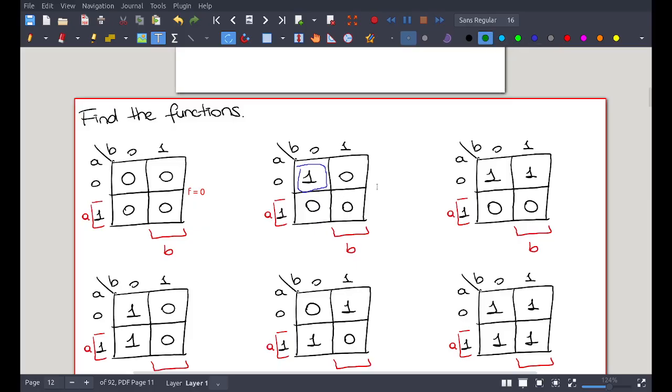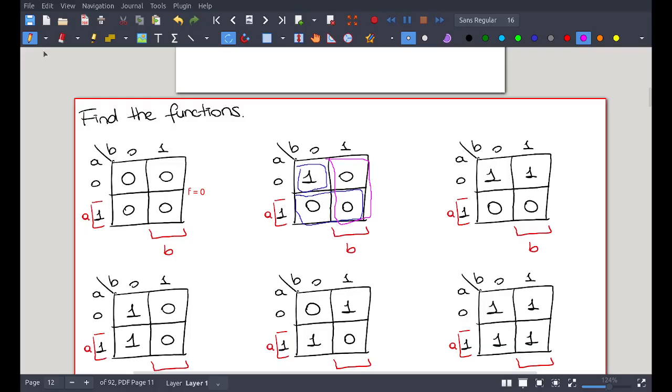Okay, so what happens then? This is the square for a, this is the square for b, and this 1 is inside neither the a square nor the b square, right?